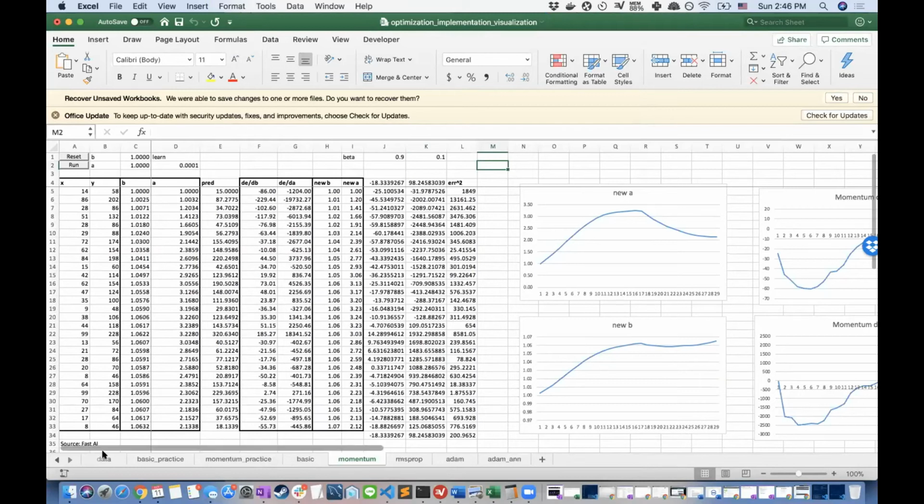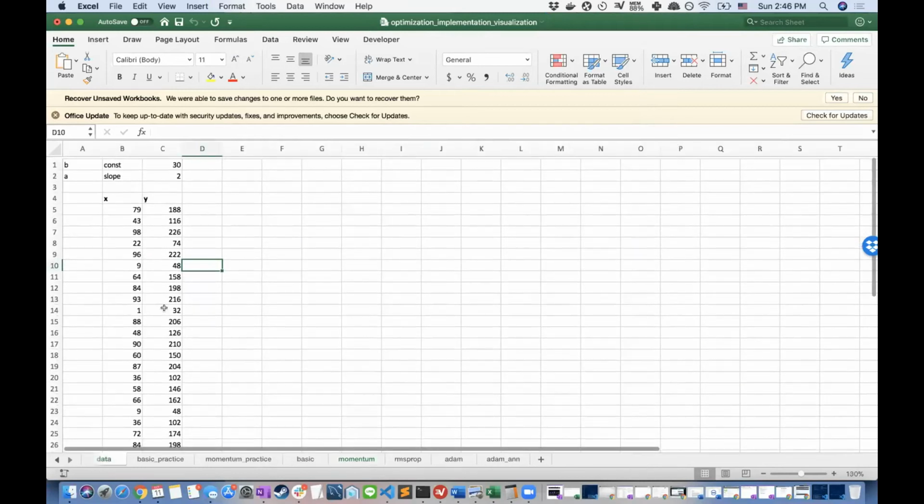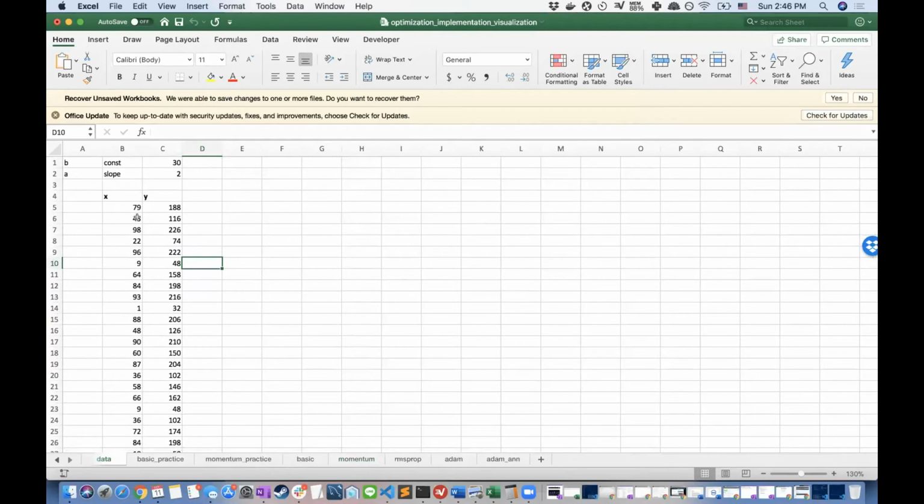Okay, so we start with basically this dataset of linear regression, and the true values of the parameters are 2x plus 30.